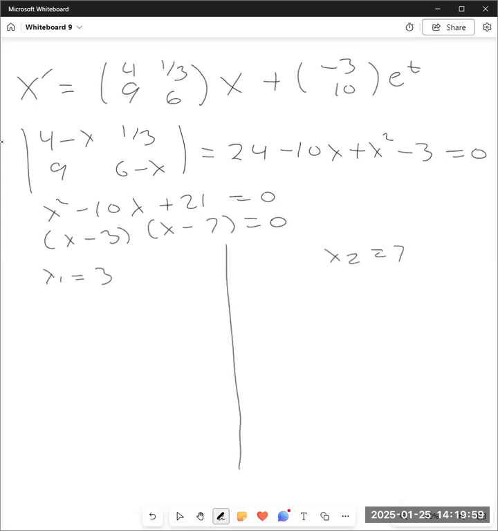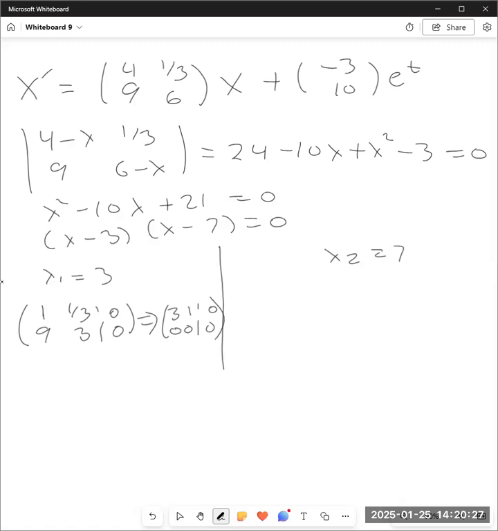Go ahead and divide this a little bit to show the two eigenvectors that I'm solving for. So when lambda is 3, this is [1 1; 3 3], which gives me [3 1 0; 0 0 0].